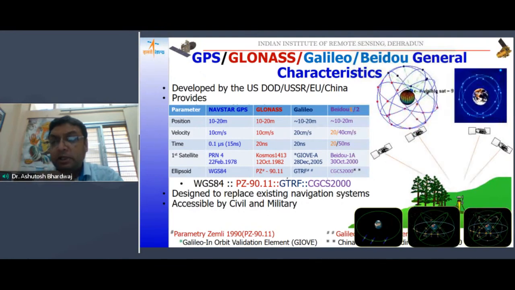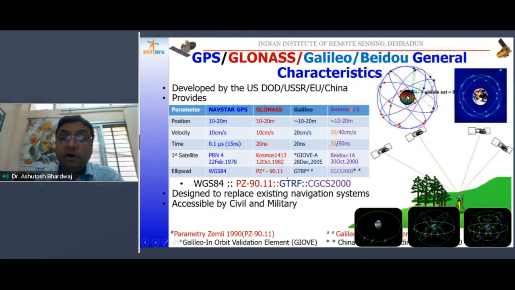Let me summarize again. In case of GPS, 6 orbits are used with a minimum of 4 satellites in each of them. So 6 into 4, that is 24. So a minimum of 24 satellites are in the GPS system. Since the dependency on the GPS system is high, a lot of redundancy is kept and around 30 to 32 satellites are maintained.